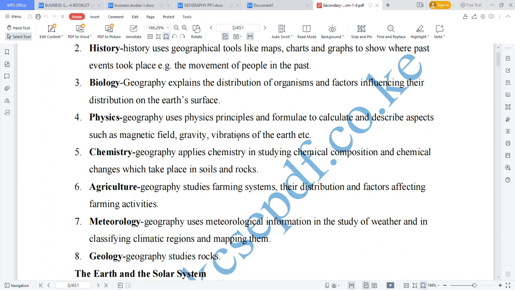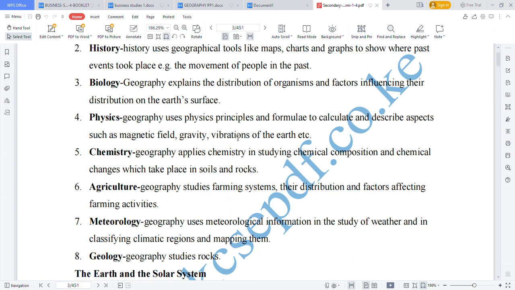Biology. Why do you need biology when you are doing geography? Geography explains the distribution of organisms and factors influencing their distribution on the Earth's surface. The next one is physics.